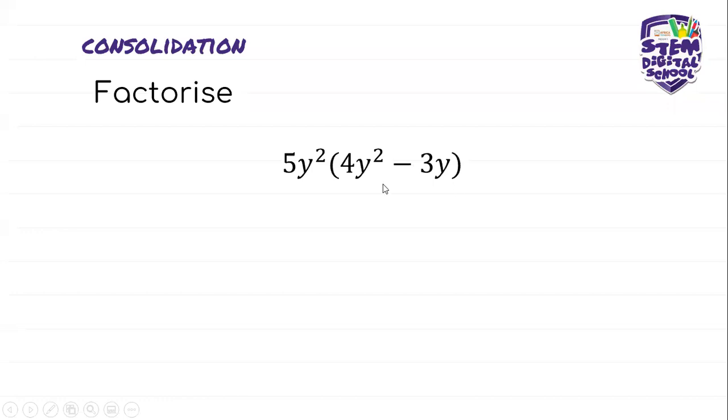So you still need to take it out. You can't just leave y squared and 3y. That is why I'm saying that once you have taken the y here, you'll have 5y cubed. This is what you'll have. And then you'll have 4y minus 3. I'm sure that it makes sense.